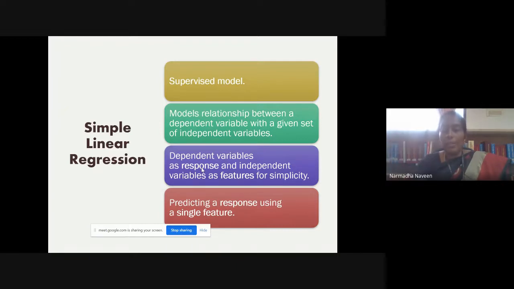An independent variable is also called a feature for simplicity. So when you are able to predict a response using one single feature, that is called simple linear regression.